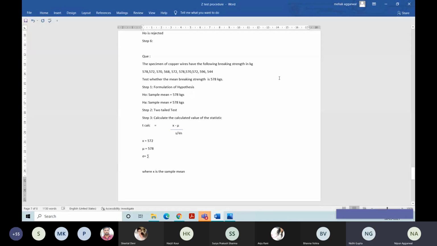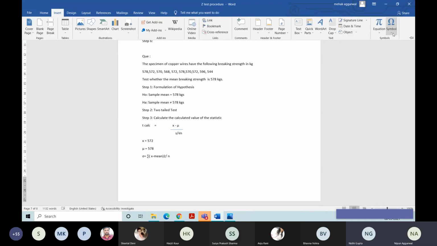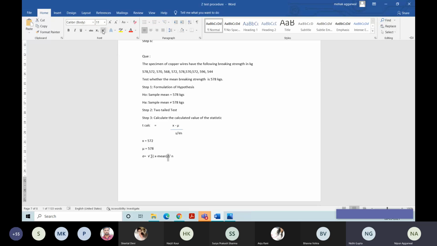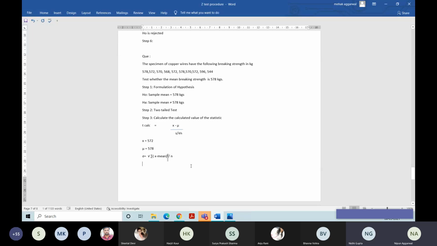Sigma is equal to under root of summation of x minus mean square divided by n.